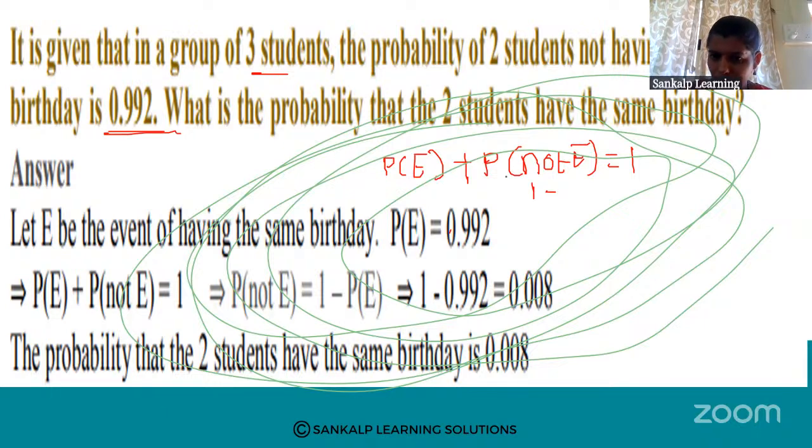So 1 minus 0.992 is 0.008. The probability that 2 students have the same birthday is 0.008. Okay. Next.